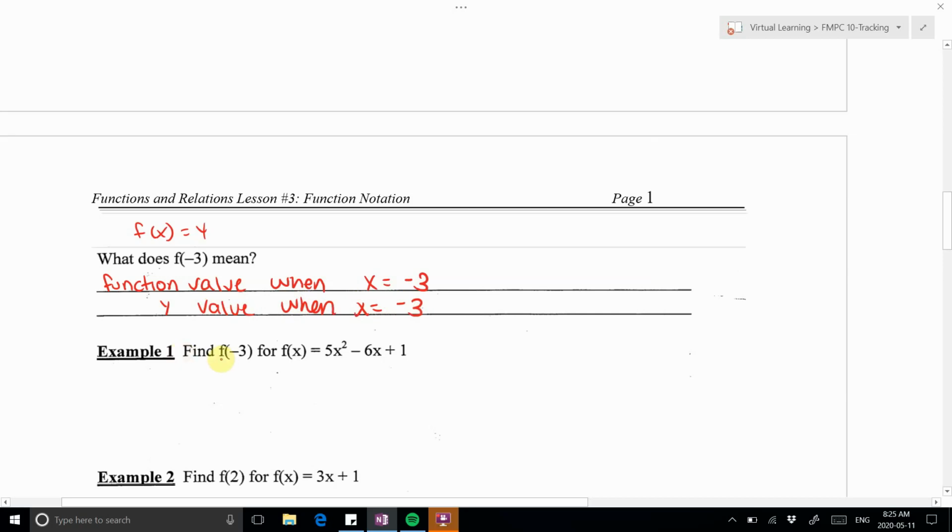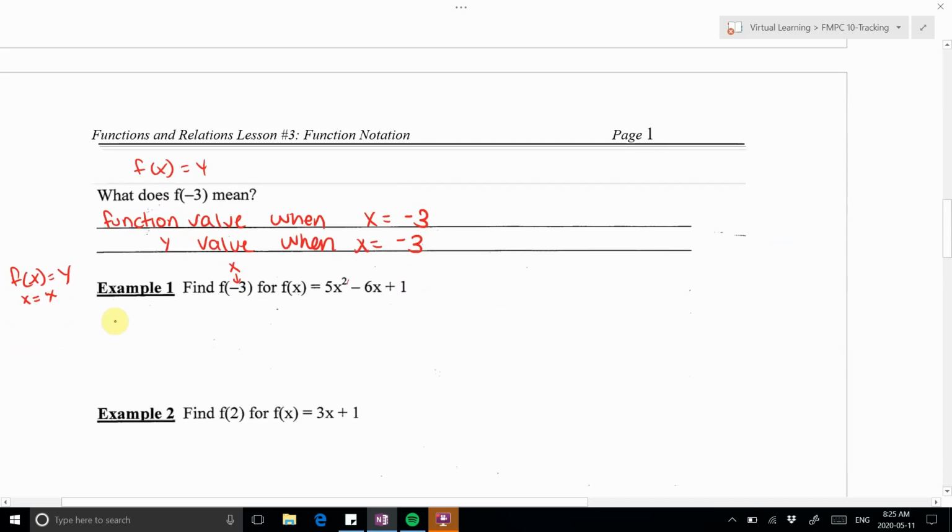So over here it says find f at negative 3 for f of x is 5x squared minus 6x plus 1. So this negative 3 is the x value. A little bit weird here because f at x is y, x is x, obviously. So that f at x is a special value.